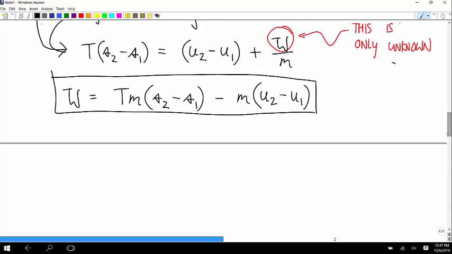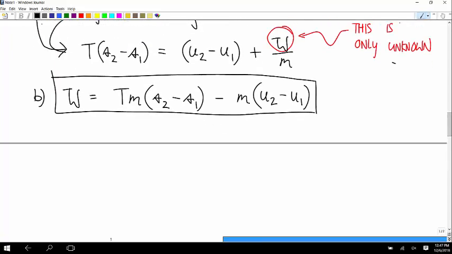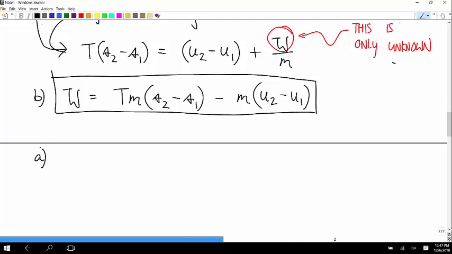Okay, and then, well, this was actually part B. I think you have to go get that one first. But then we can go to the first law.